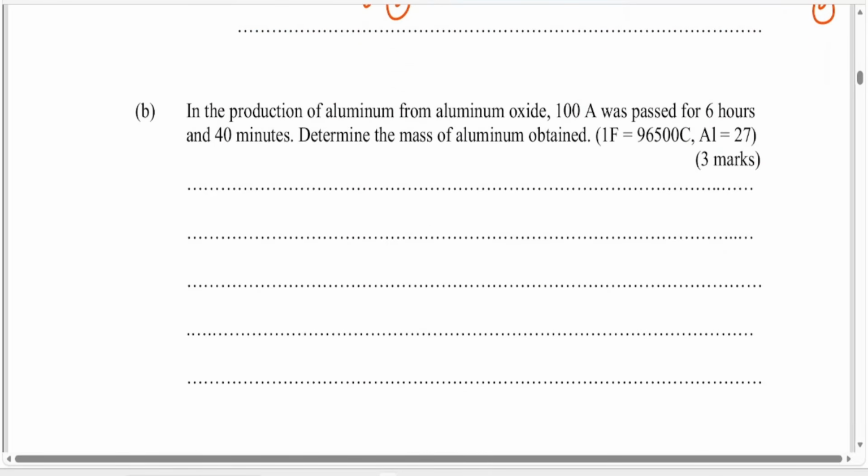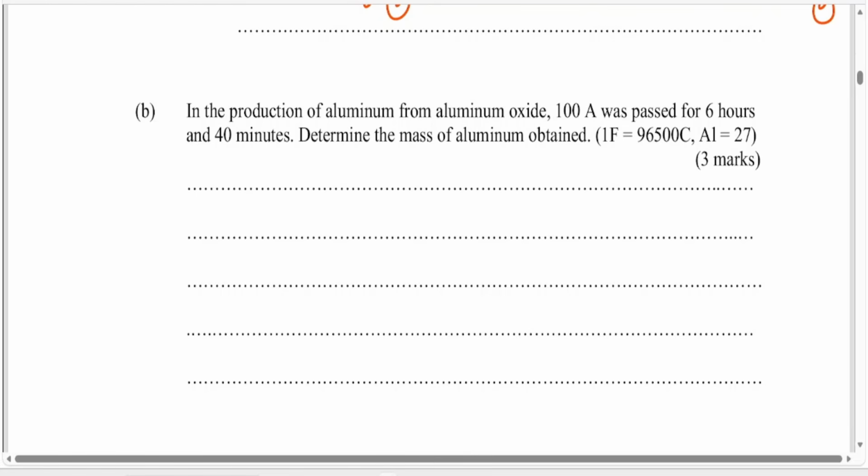In the production of aluminium from aluminium oxide, 100 amperes was passed for 6 hours and 40 minutes. Determine the mass of aluminium obtained. So this is electrolysis of aluminium oxide, and we know at the cathode there is always deposition of the metal.